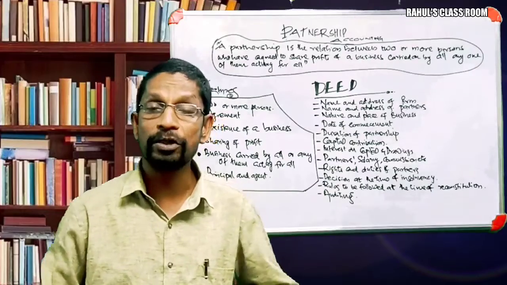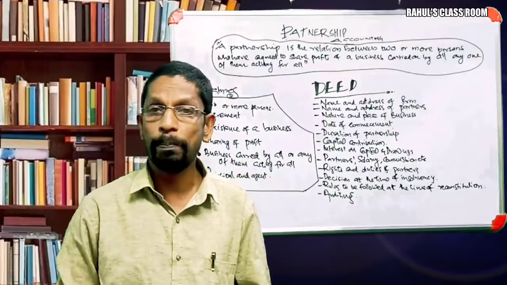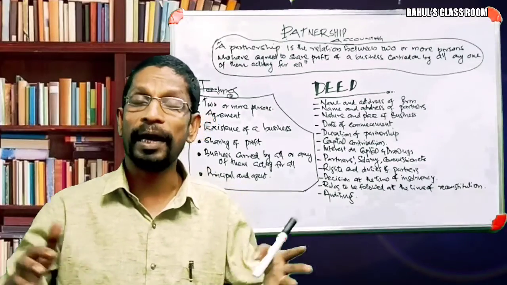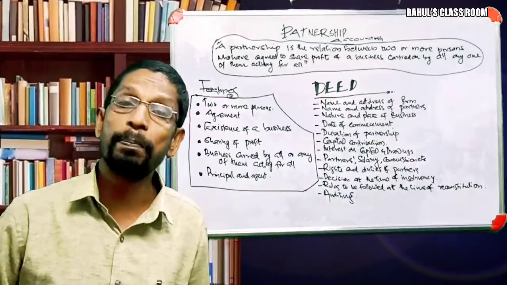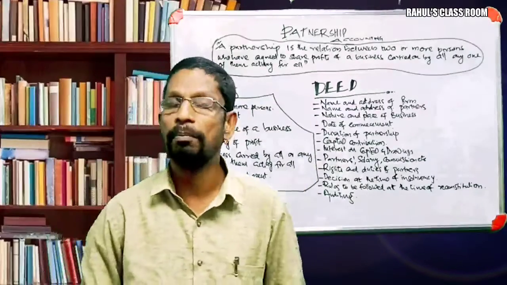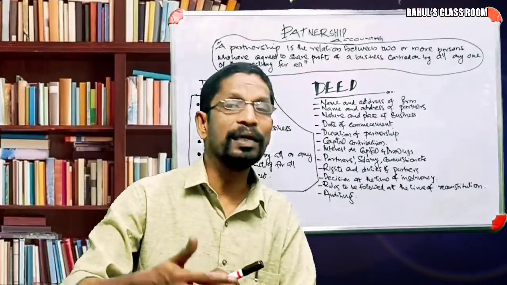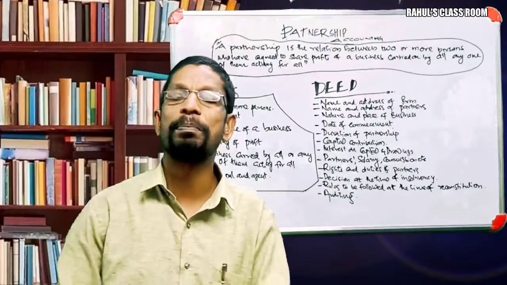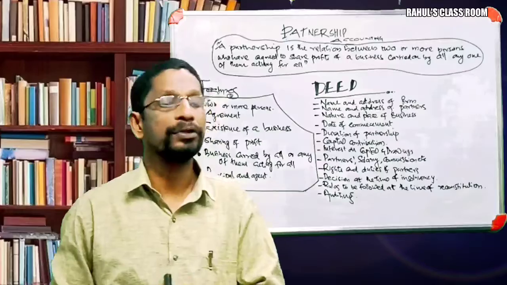as a relation between two or more persons. And they are assembled there for the purpose of doing some business activities. And the result, that means the profit or loss of the business concern, is shared by them in an agreed ratio.